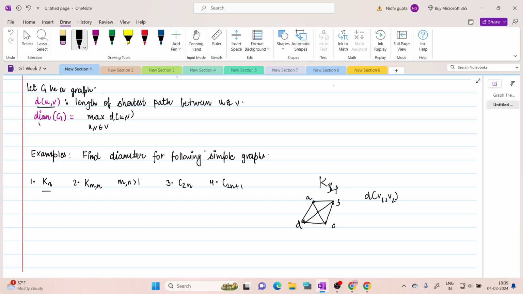So what is the length of the shortest path in complete graphs? 1, because all vertices are adjacent. So we see that d(v1,v2) is 1. So what will be the diameter of Kn? 1 again. What about the complete bipartite graph?